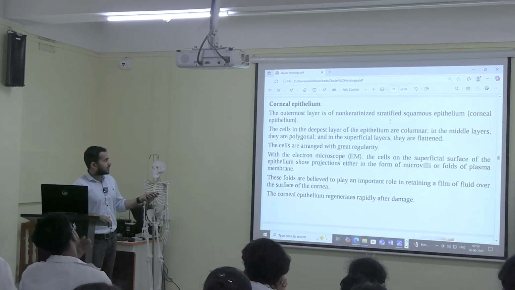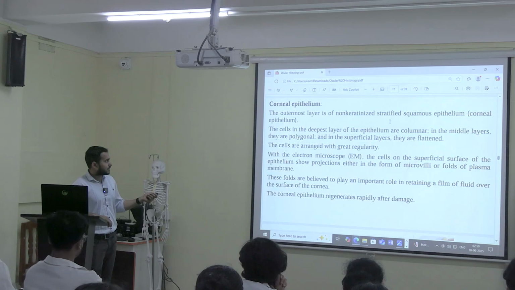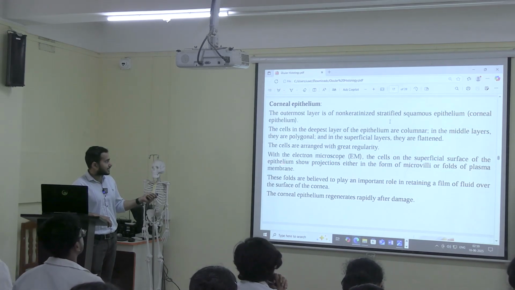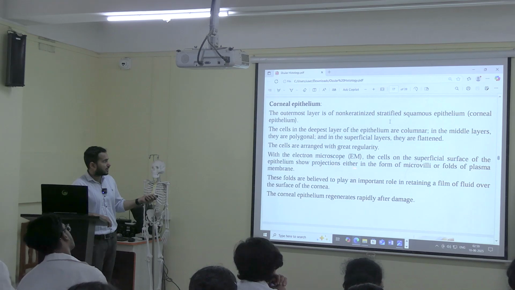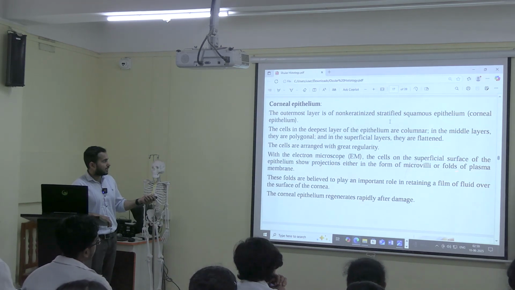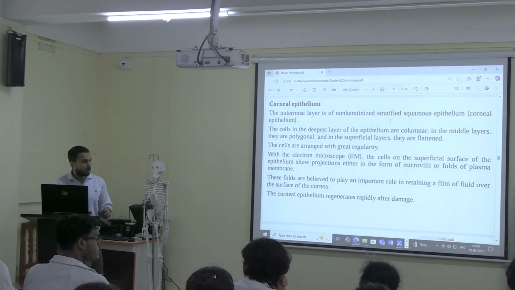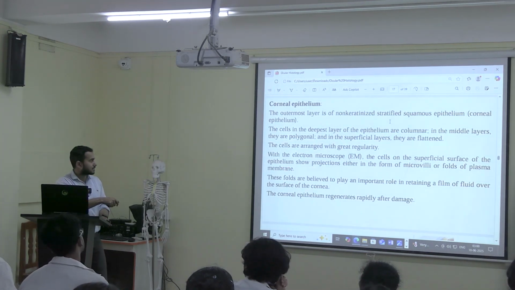Now the cells are arranged with great regularity. If you see the EM structure, the superficial surface of the cells shows projections, and they are in the form of microvilli or folds of plasma membrane. Now this is very important. In the superficial cells, if you see the surface, here you can see microvilli or some folds of the plasma membrane.